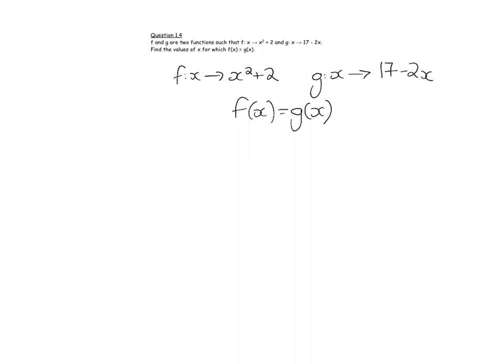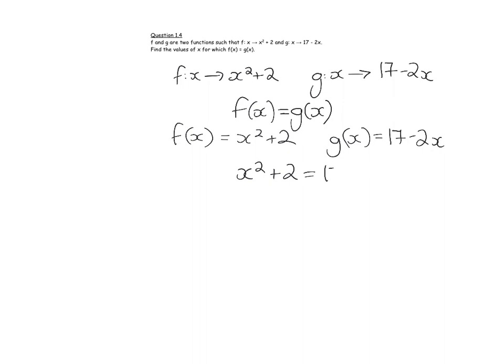So again, they're trying to confuse you a little bit in terms of the notation. These are both equal to the same thing, so we know that f of x is equal to x squared plus 2 and g of x is equal to 17 minus 2x. We want to figure out where these are equal, so we just let them equal each other. So x squared plus 2 is equal to 17 minus 2x.